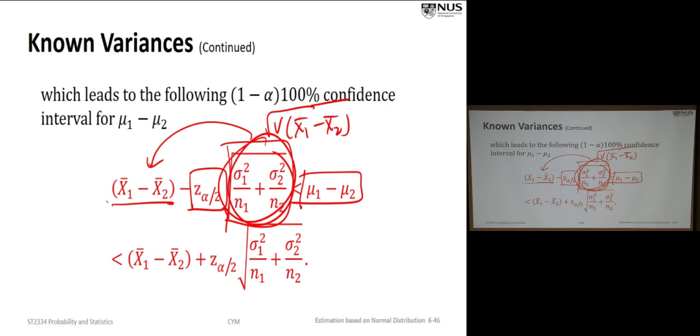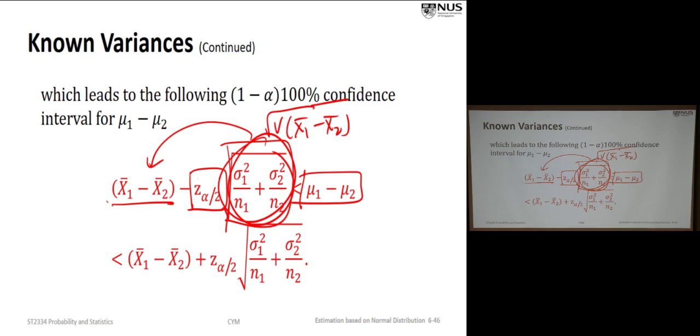So this formula applies when the underlying distribution is normal and you have the knowledge of sigma 1 square and sigma 2 square. If you don't know that, then you cannot use it, right?